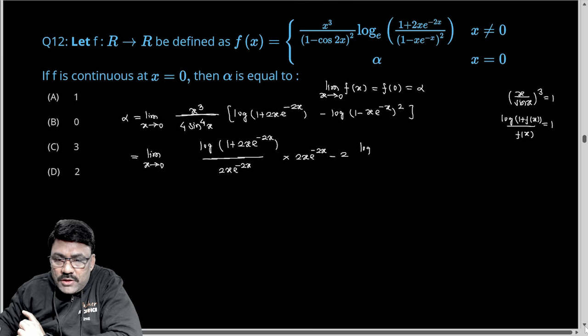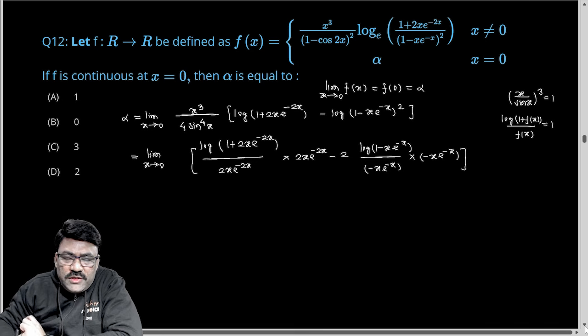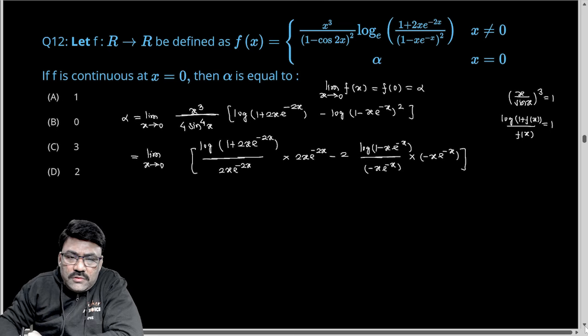Now you have log of (1 minus x e raised to minus x), so divide by minus x e raised to minus x and multiply by minus x e raised to minus x just to balance it. And outside this bracket, I have 1 by 4 sine x.